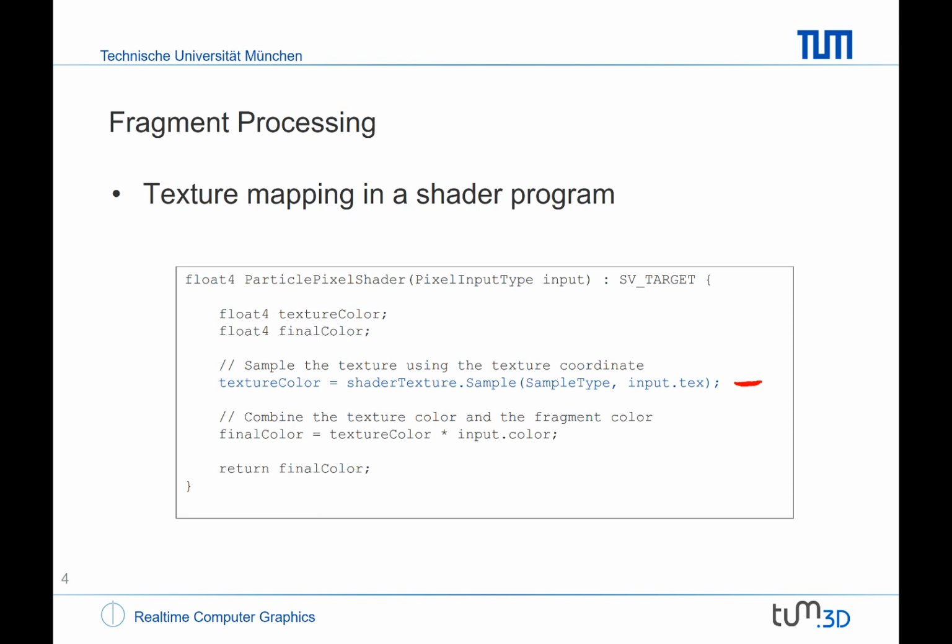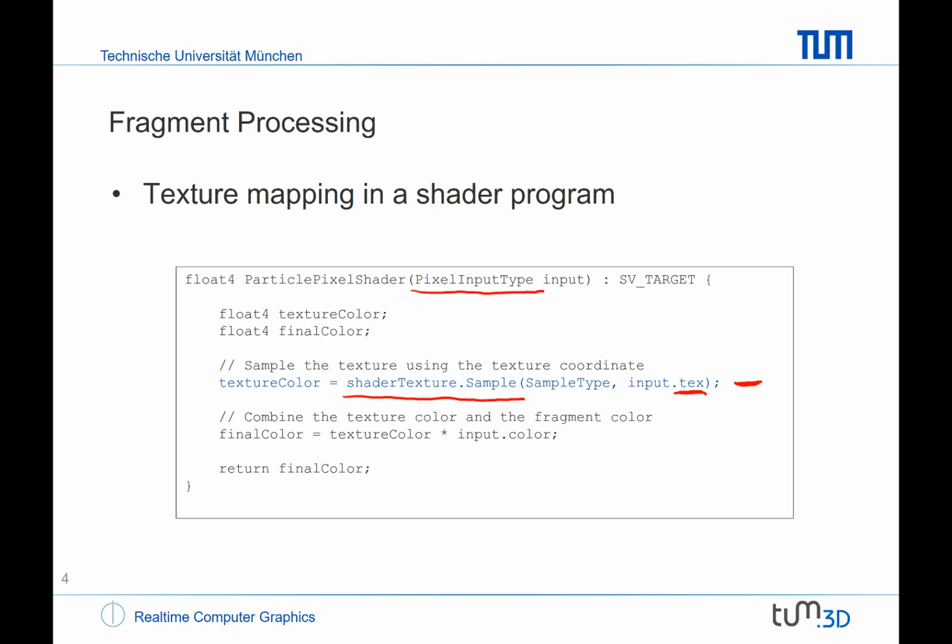Then, by defining an appropriate pixel input type, with, in this case, a structure component tex, we can access the per-vertex texture coordinates. We can simply use the texture coordinates in the function shaderTexture.Sample, where we specify a certain sample type.